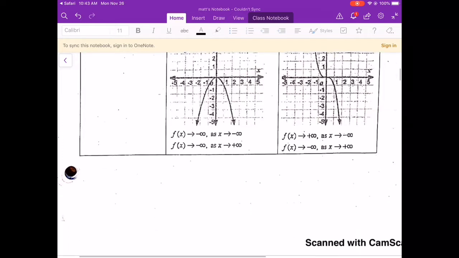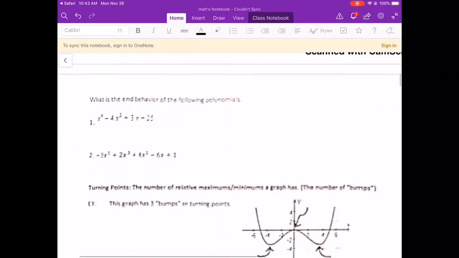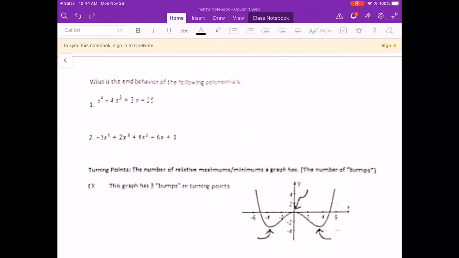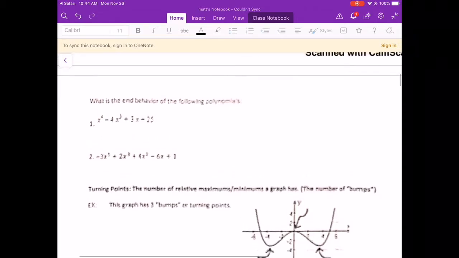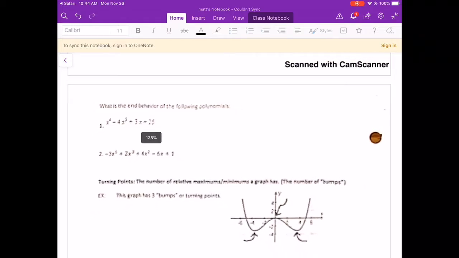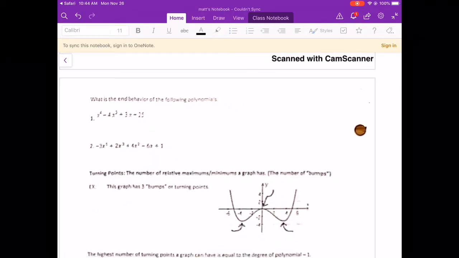All right. So when you take a look at these first couple of examples, what you should be able to pick up from here is what the end behavior should be. As I try to sharpen your screen for you a little bit, sorry, that's a little bit not clear.